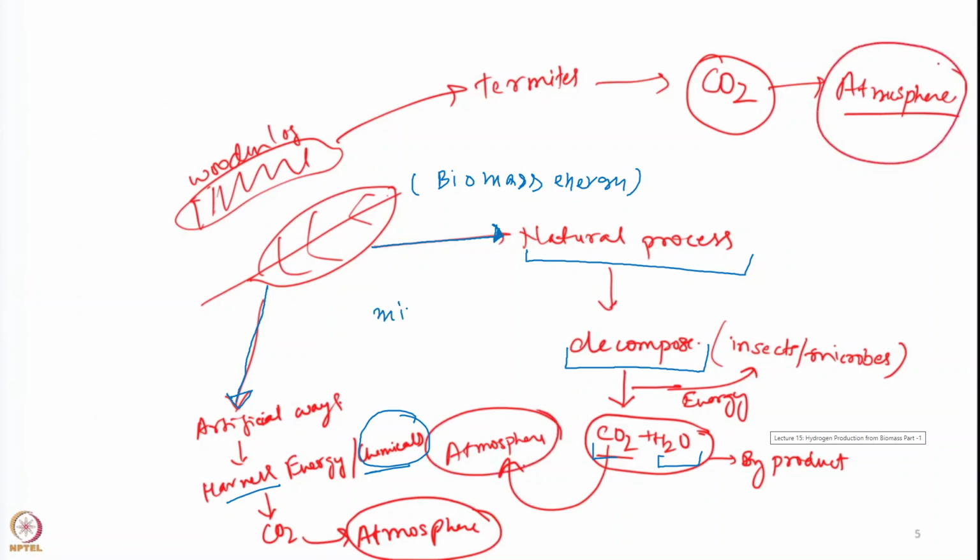Suppose some microbes or microbacteria decompose these tree leaves, and this will generate energy in terms of carbon monoxide and hydrogen, because these tree leaves have glucose, like hydrogen. Okay, this produces hydrogen and oxygen. This is the process actually.